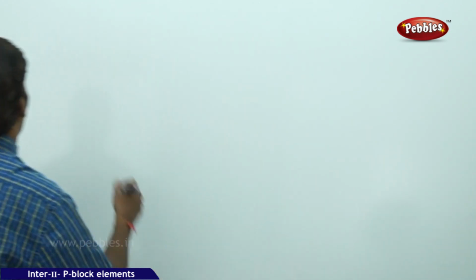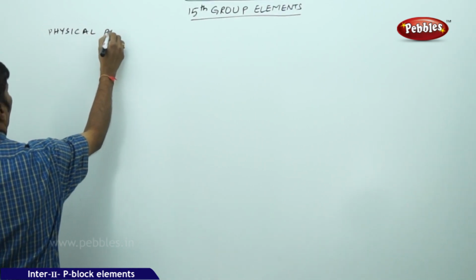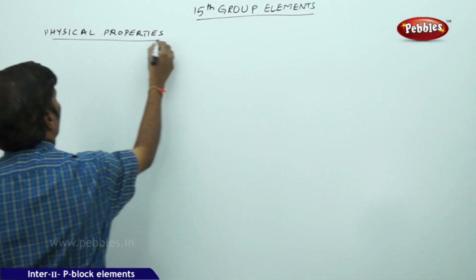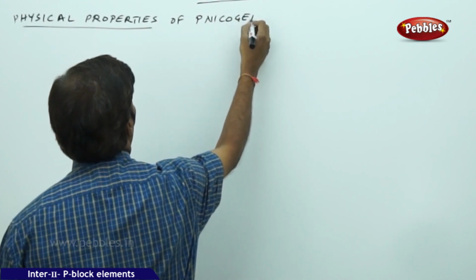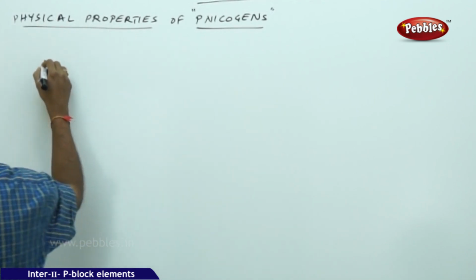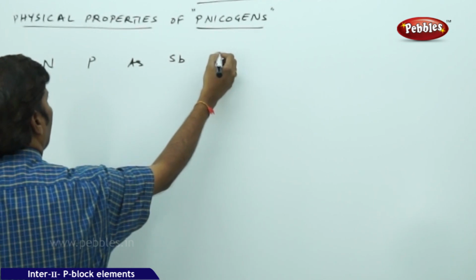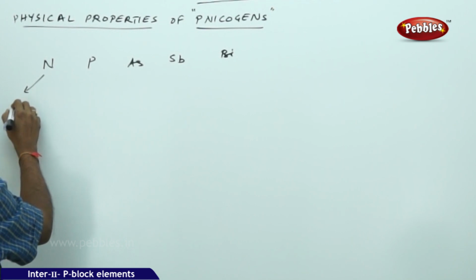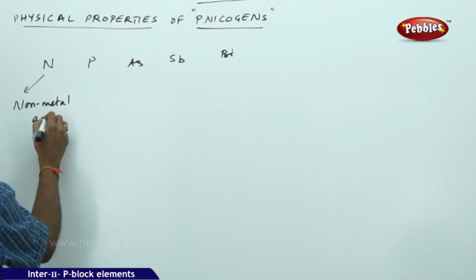So if you go to the physical properties of nicogens, what we can notice here is, going through nitrogen, phosphorus, arsenic, antimony and bismuth: nitrogen is a non-metal, a gaseous element.